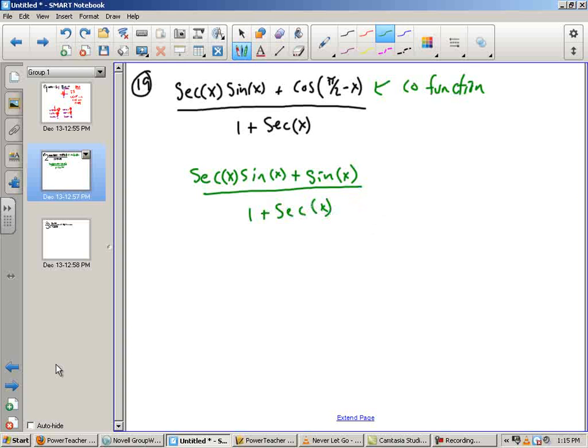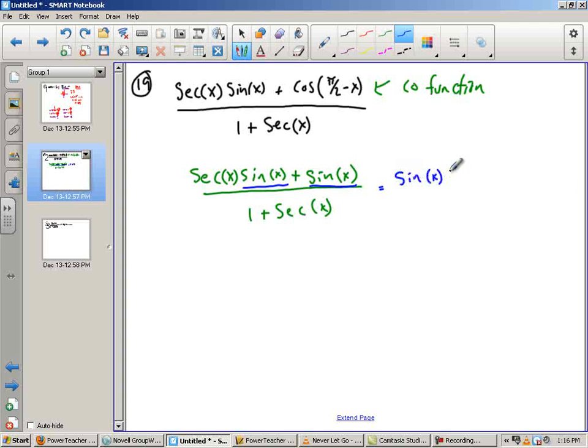Now right here you might find that you're in a world of hurt. There's not a lot of great choices. How do I do this? Well, Mr. Welch is very intelligent and spent a lot of time doing this. So we just need to look for some things that they have in common. We did this back a long time ago, but hey, look, they both have a sine in them. Let's pull it out.